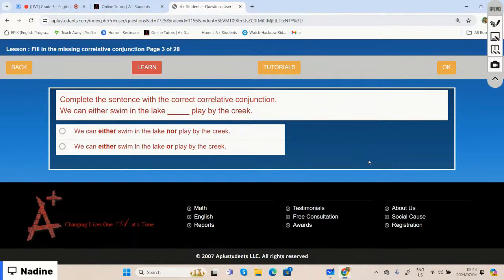We can either swim in the lake, do we say nor play in the creek, or we can either swim in the lake or play in the creek? We need to choose the correct one.